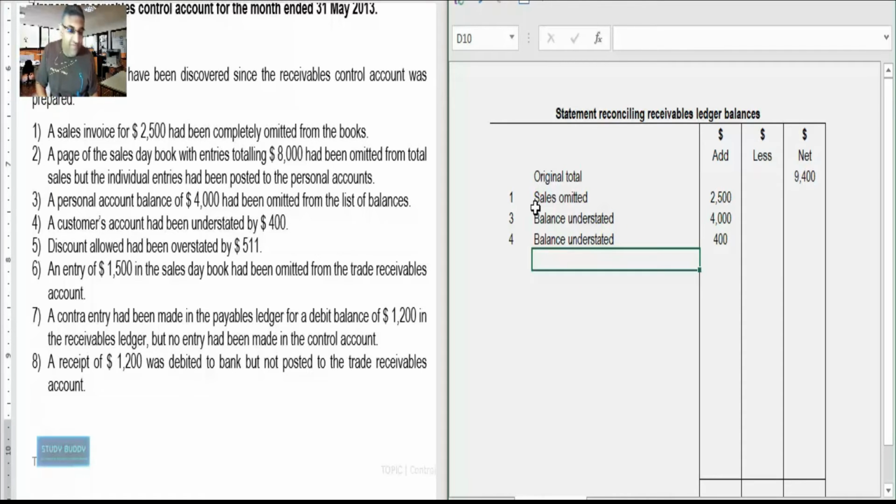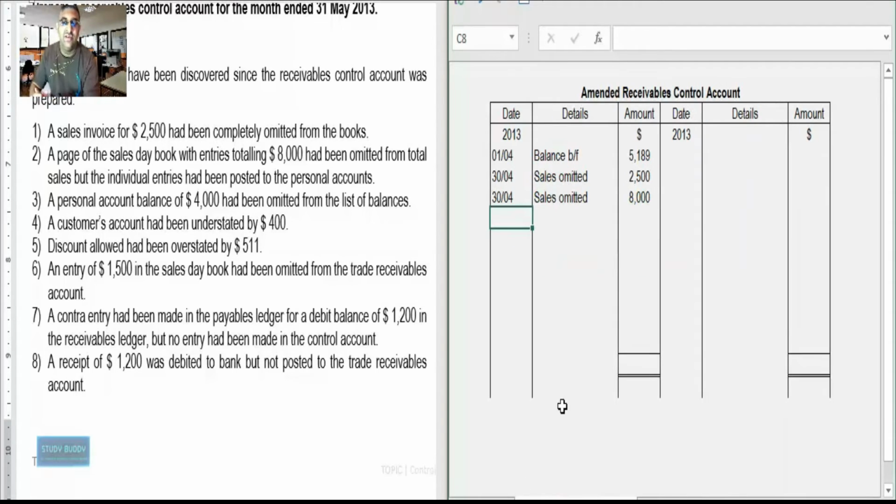Error number 5. Discount allowed had been overstated by $511. Only the discount allowed account, which is found in the general ledger, has been overstated here. It's got nothing to do with the personal accounts of the receivables, so nothing to do with the sales ledger. Hence, the correction is to be made only in the amended receivables control account. Now, discount allowed has been overstated.